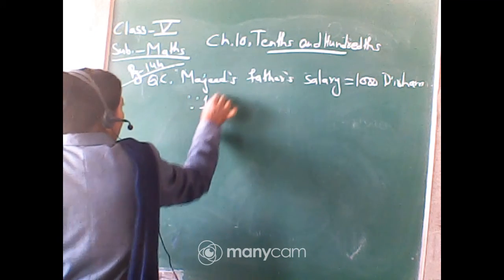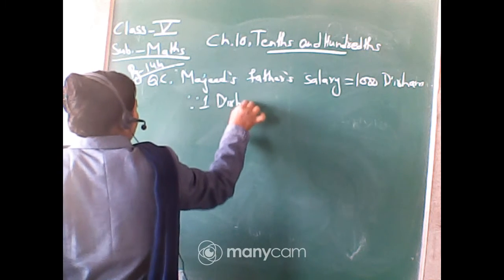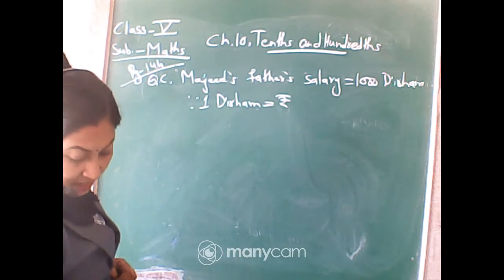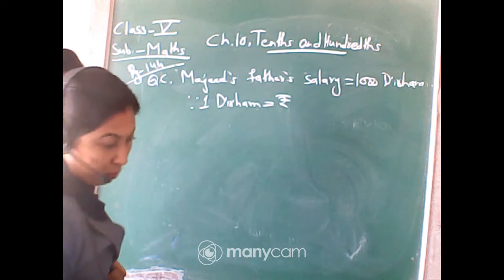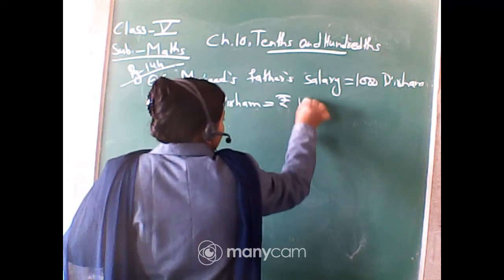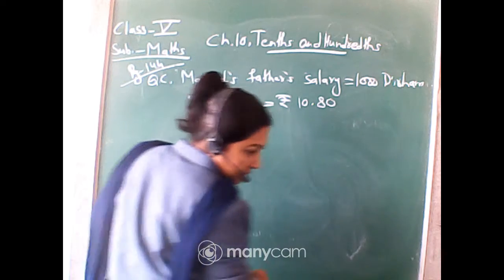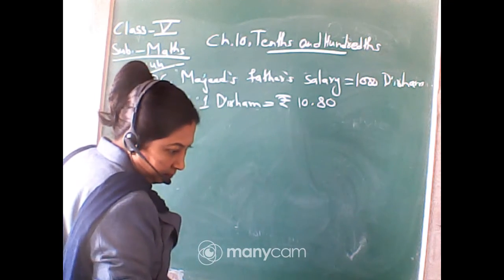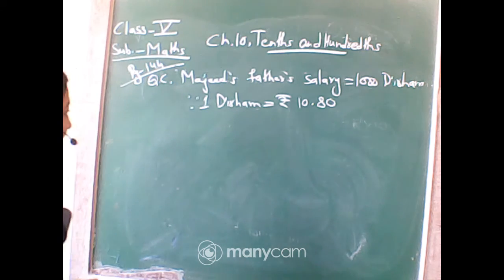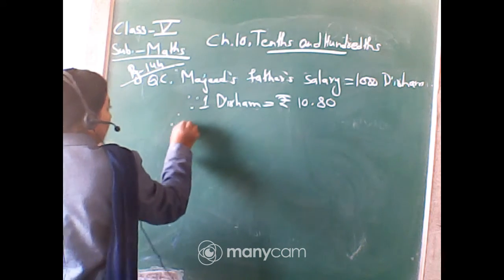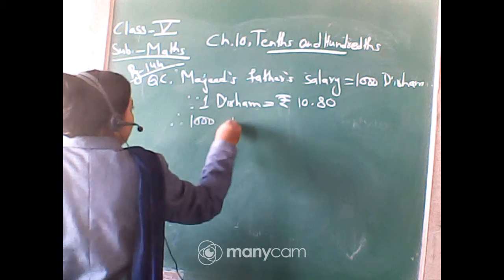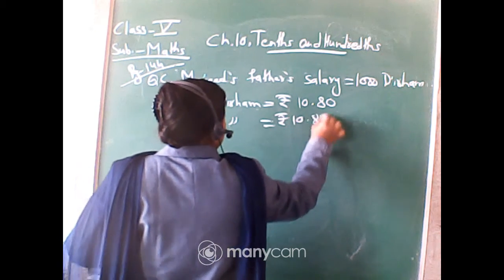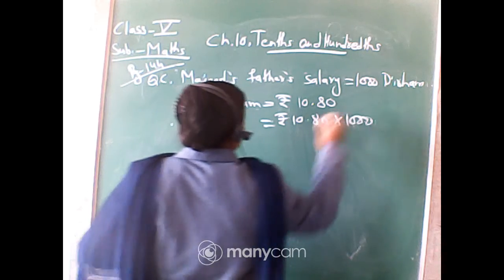Since 1 dirham is equal to, from the table we are writing, 1 dirham is equal to rupees 10.80. Therefore 1000 dirham is equal to rupees 10.80 into 1000.